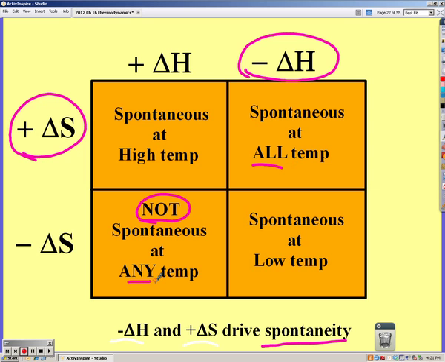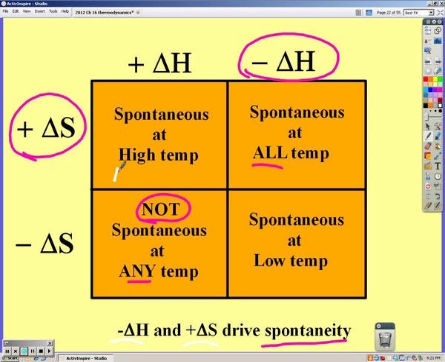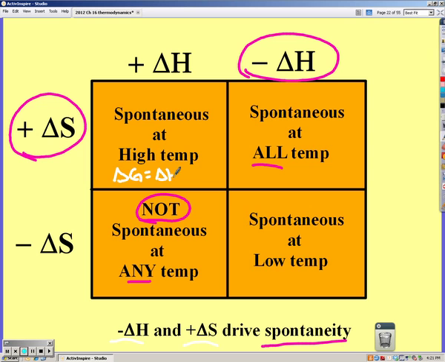A reaction will not be spontaneous at any temperature when neither enthalpy nor entropy is favorable for spontaneity. So if it's endothermic and we have a decrease in entropy, it will not be spontaneous. When delta H is positive and delta S is positive, we want the delta S side to be the more important side.